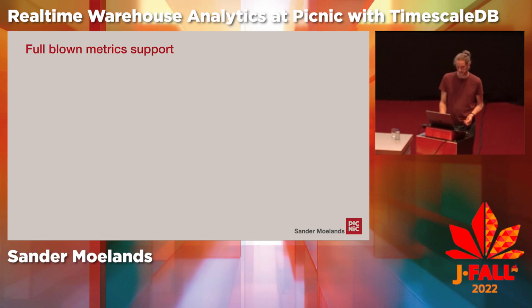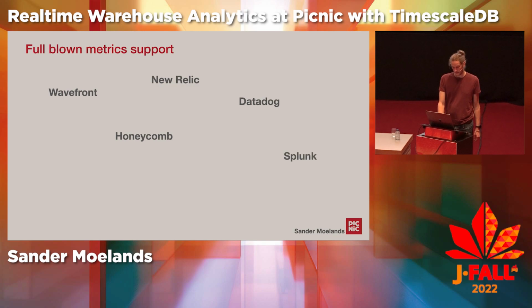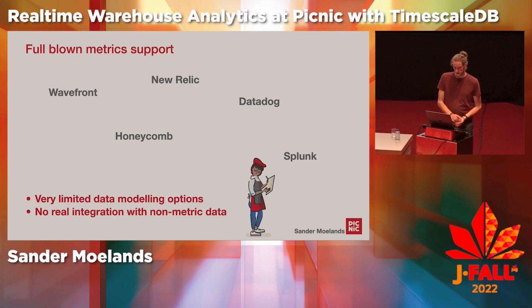We tried these. So first of all, we tried looking into some full-blown metrics solutions. We looked at New Relic, Wavefront, Datadog, Honeycomb, Splunk, all the big metric systems that are out there. And even though they're quite interesting, they were still a bit limited for what we actually want, because all these systems are very much focused on just taking care of your metrics.